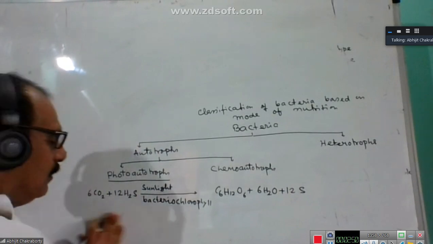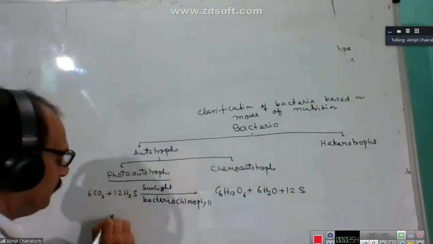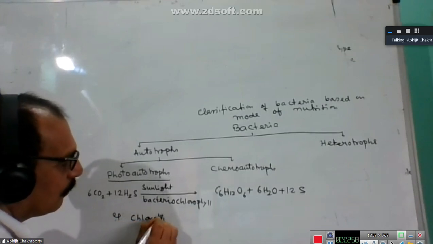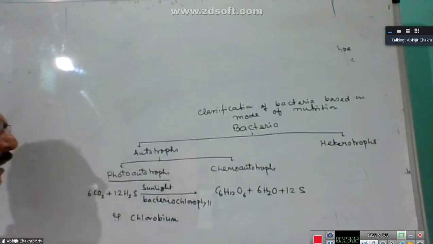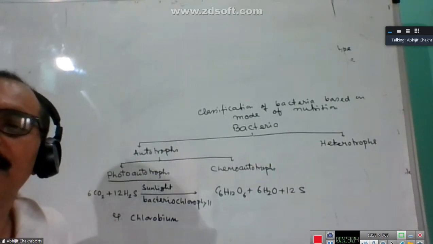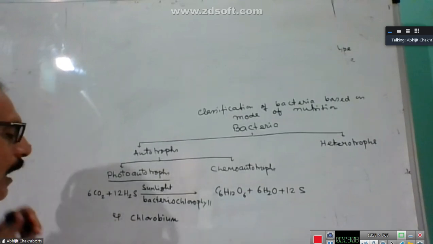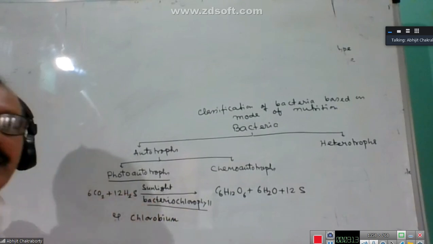A lot of examples are there, like Chlorobium. So they actually photosynthesize with the help of sunlight and bacteriochlorophyll.